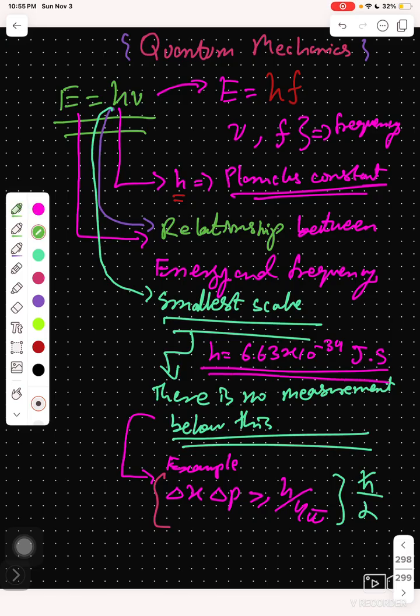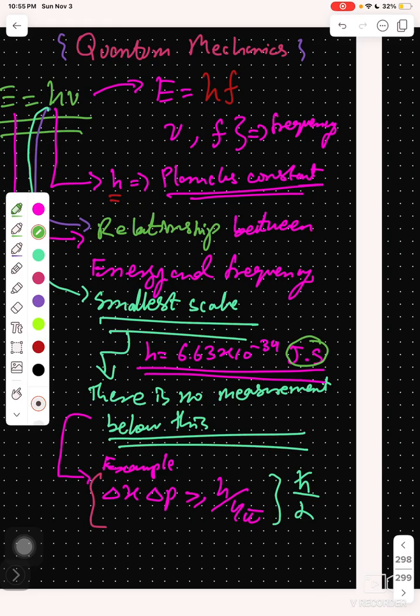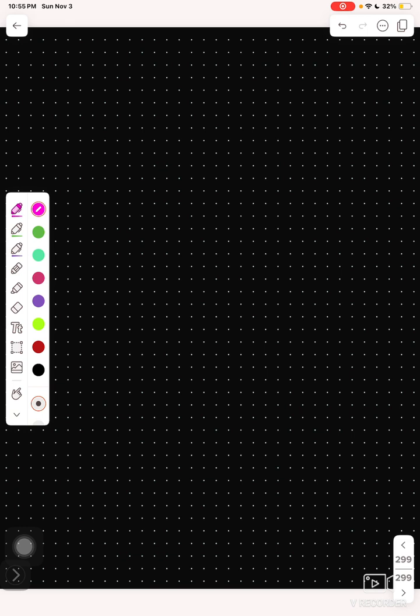Let's check if the unit of Planck's constant is really joule seconds. E equals hf, here let me use v, because I want to be a quantum physicist. So let's make h the subject.